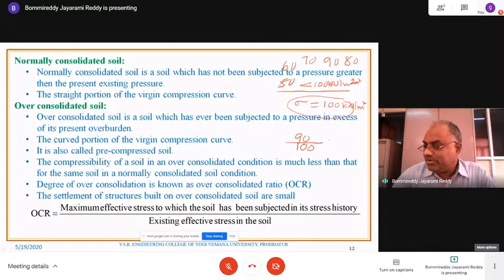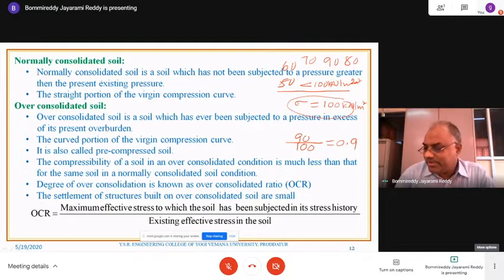So what is the OCR? OCR will be equal to 0.9. That means when the over consolidation ratio is less than or equal to 1, or less than 1, say 0.9, such types of soils are called the normally consolidated soils.